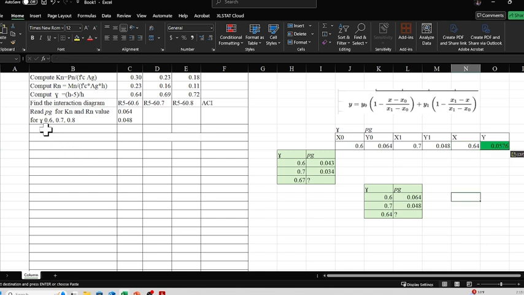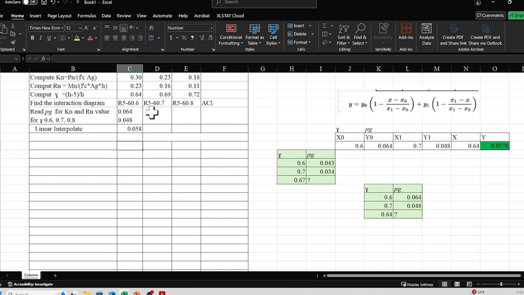Back in here, type in linear interpolation. And that came out rounded to 0.058.